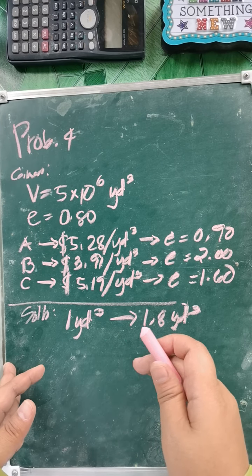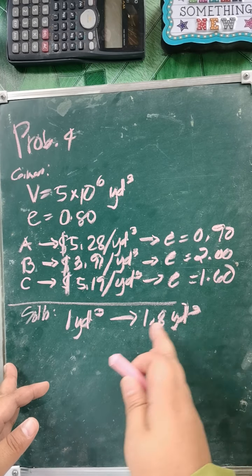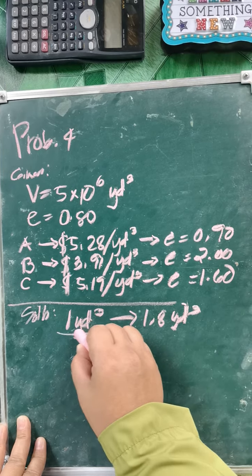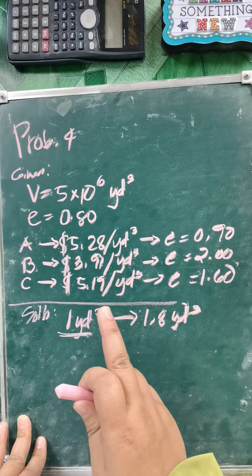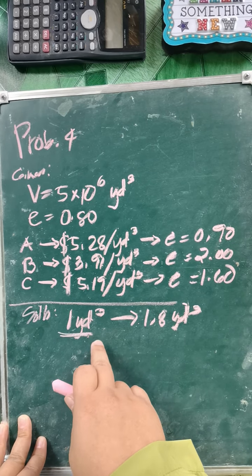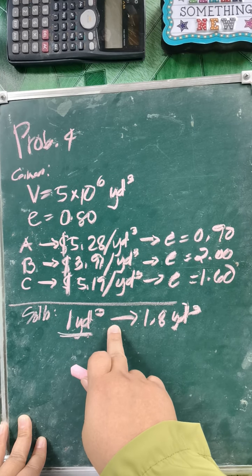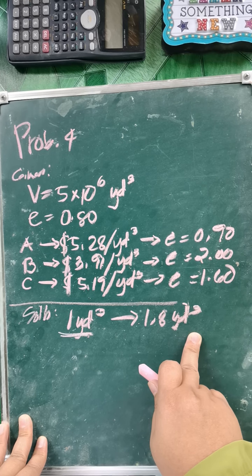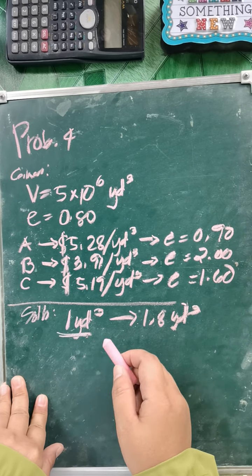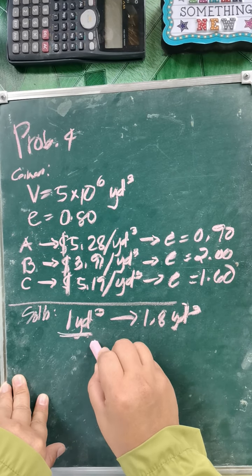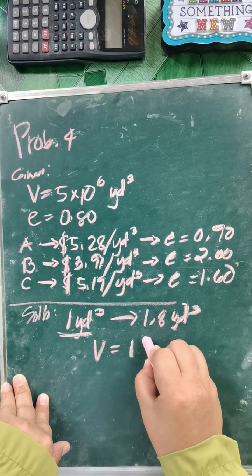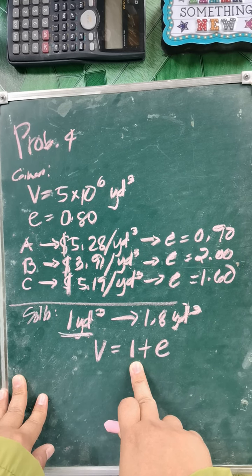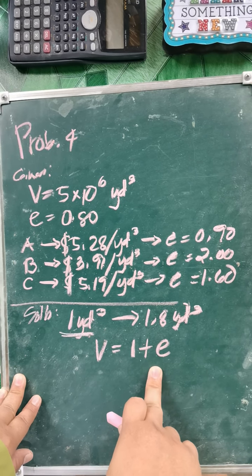So this one is the volume of solids in the dam. To put 1 cubic yard of soil in the dam, we will need 1.8 cubic yards. This is in relation with the volume that is equivalent to 1 plus e, that is the volume of solids plus the volume of voids.